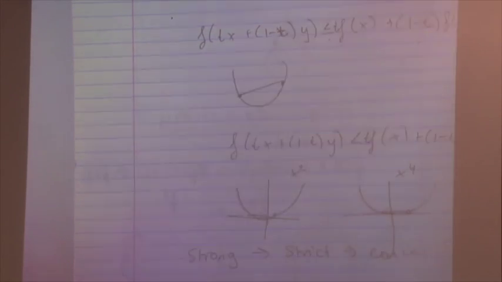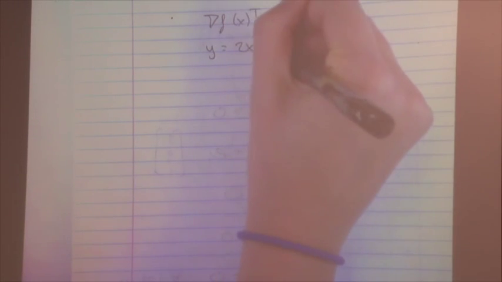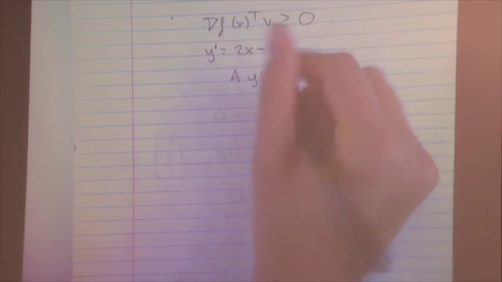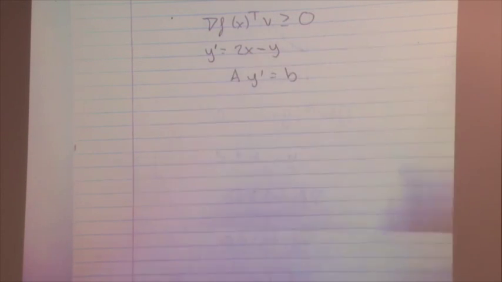So actually, let me just check my notes to make sure. Yeah. So actually, if you think about what you can let y be and still satisfy this, if we take a different y and let it be 2x minus y, okay, let's do this, y prime, if we take y prime and let it be 2x minus y, then Ay prime is still going to satisfy this constraint.